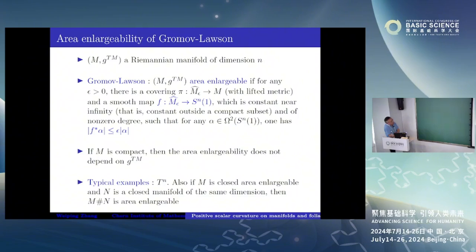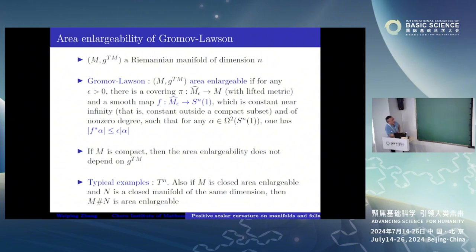That means outside a compact subset, the image of f is a point. It is of non-zero degree. And for any two-form alpha on the sphere, the pullback form, with respect to the lifted metric, has norm dominated by epsilon times the norm of alpha on the sphere.